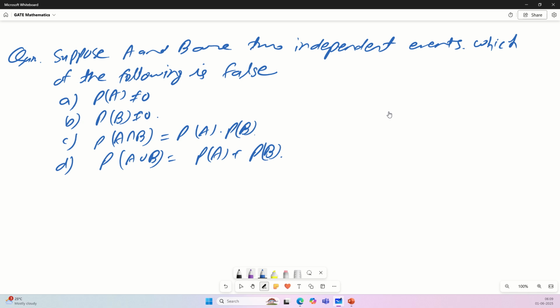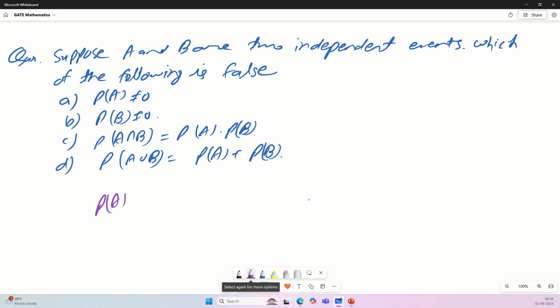Yes, please. So just try to find out which of them is false. As you know, probability of A and probability of B cannot be together 0. So that's the reason, and you can see these are two independent events.